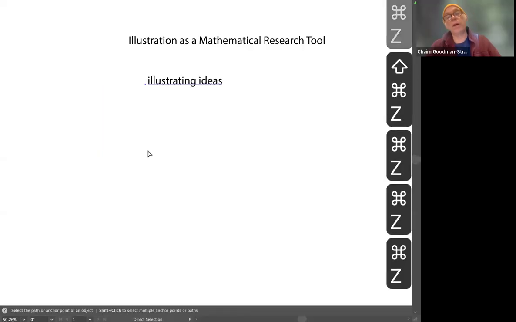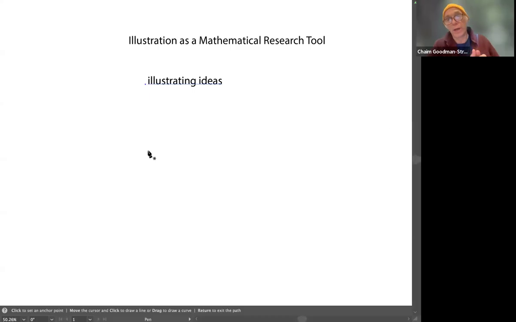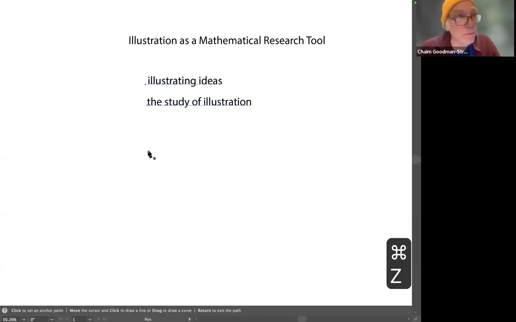Okay. So what we might mean in the mathematical community by illustration, I think first of all, might be simply illustrating our ideas, actually trying to render mathematical ideas in some sort of relatively realistic manner. Certainly that's a big preoccupation here. But another thing that many of you are involved with is studying this as a practice itself.